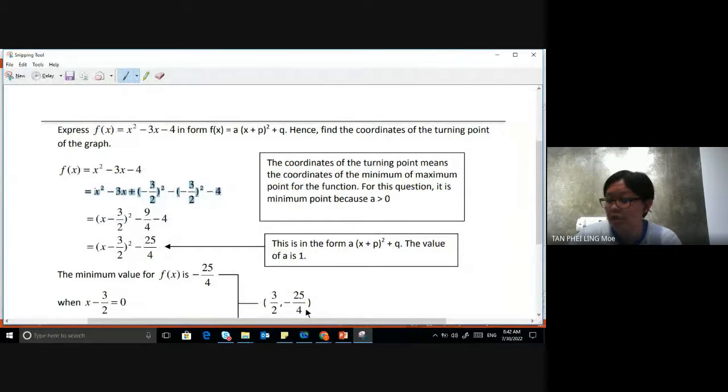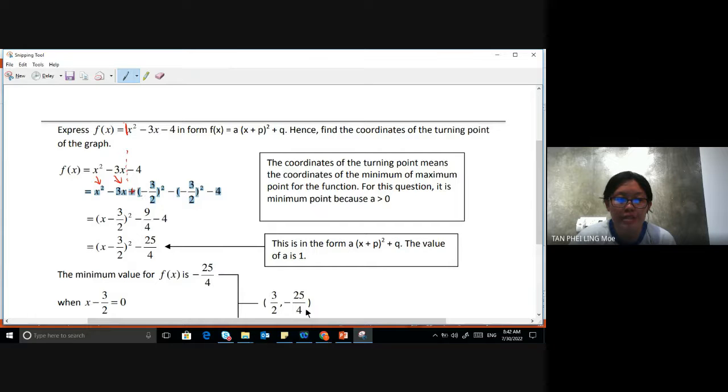Okay, when you are given this one, it is a simple one. Why? Because they straight away give you your a equals to 1 already. Do you realize that? When your a is 1, it's so easy to deal with. So you see here, x squared, you copy back minus 3x, which means you always separate all the x's on one side, all the numbers on one side, so that you will add in your b over 2. So here, what's your b? Your b is negative 3.